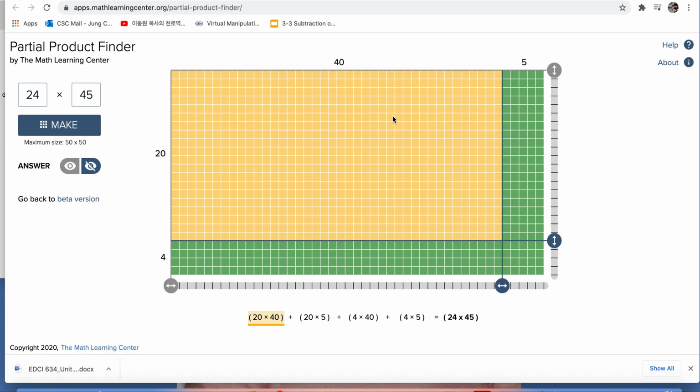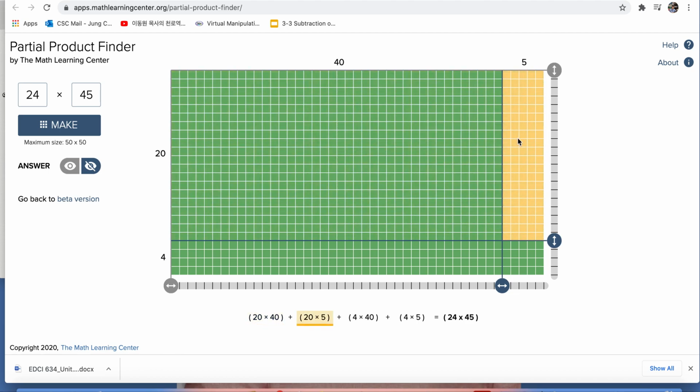If your students are a little bit advanced, this is also a good thing that you can do with your students, because they know how to calculate 20 times 40 instead of doing 10 times 10 times 10 times 10 times 8 of them. Okay, you know what I mean? So we can break them down and see 20 times 40 is 800 and 20 times 5 is 100.